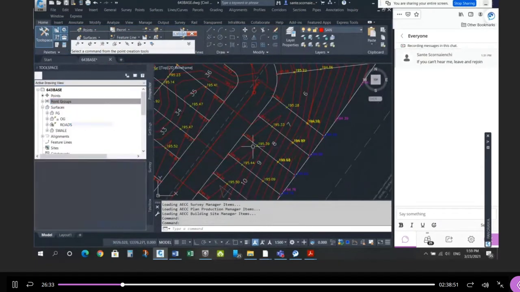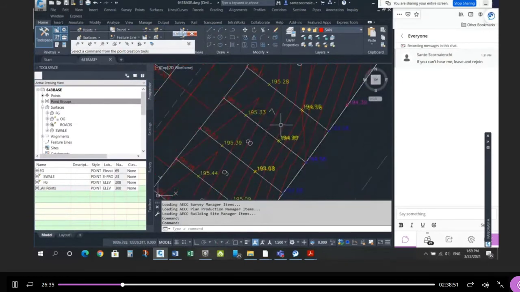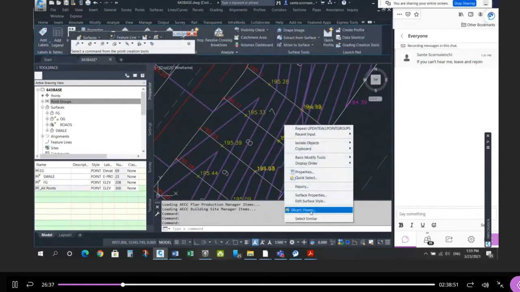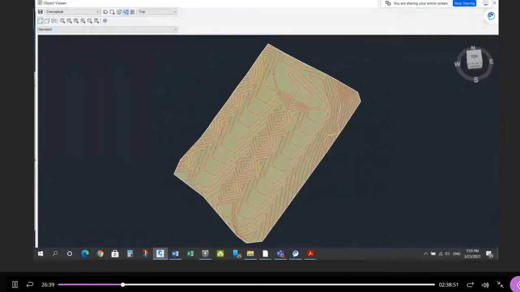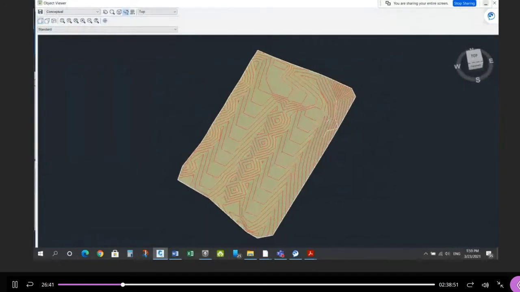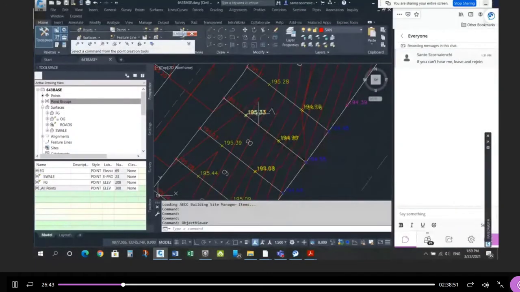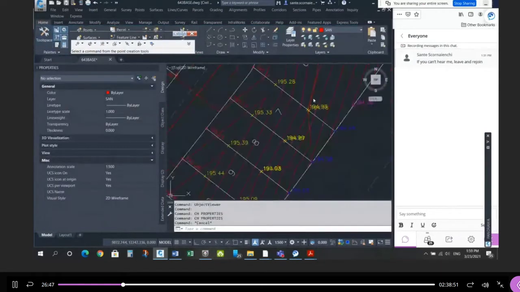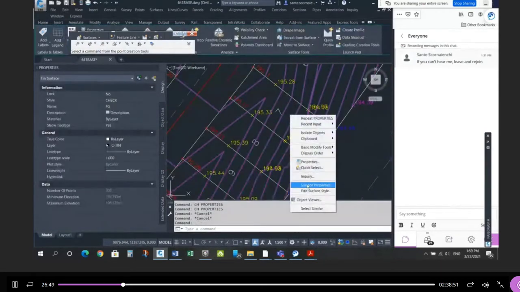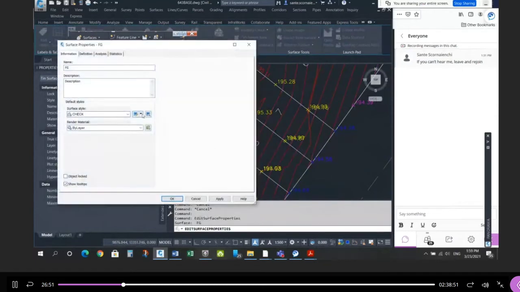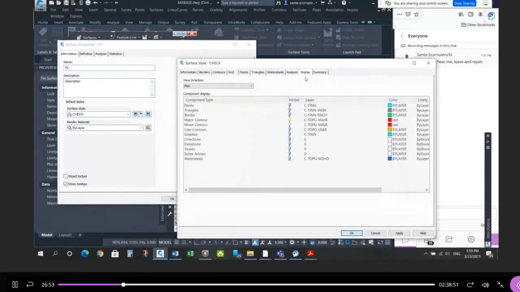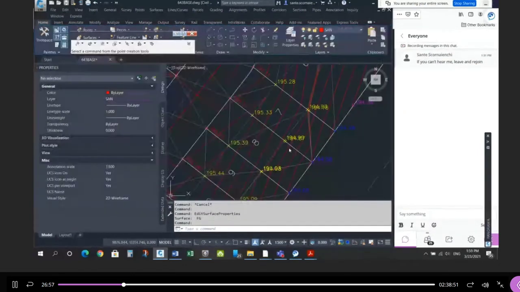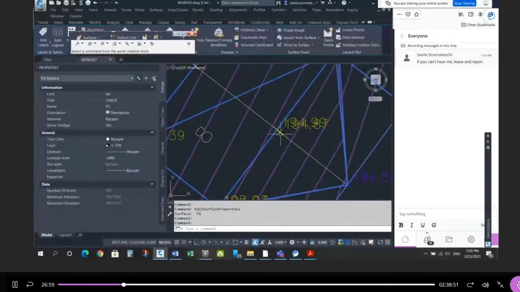my point groups, now they come off the surface, and now you don't see them in the object viewer. You start to see something funny in the backyard here, or if this is again the wrong description. You can see it when you bring in your TIN lines. Watch. If I turn on my style and I include the TIN lines, the triangles, you'll see that there's no vertex there.